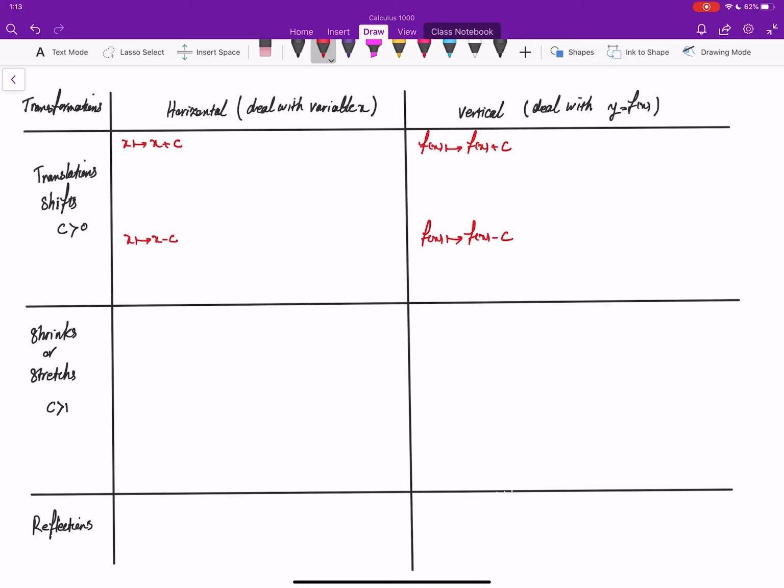On the other hand, the shrinking or the stretch is when you multiply x or f of x by a constant. So we can either multiply by that constant or we can divide by that constant.